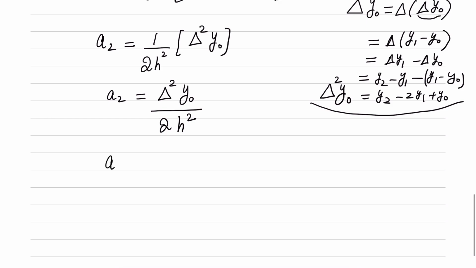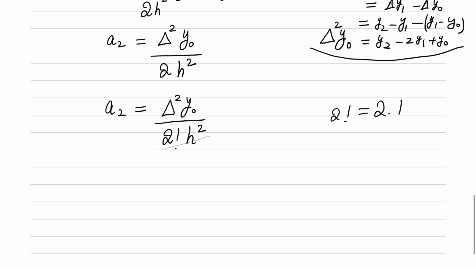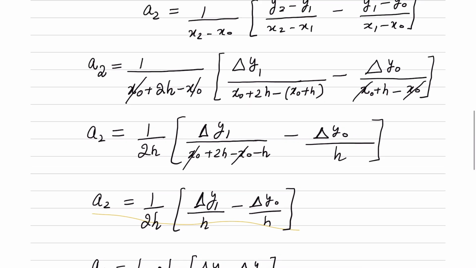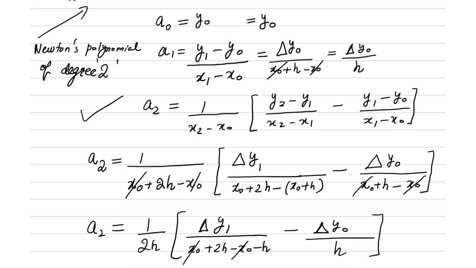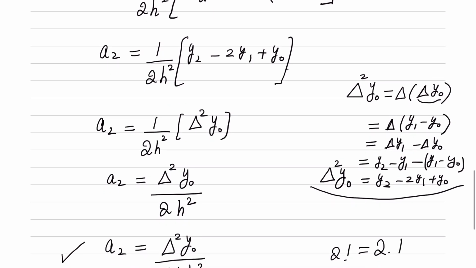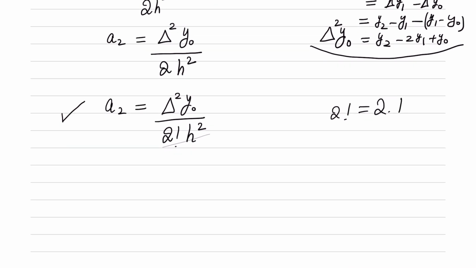Or we can also write a2 equal to forward square y0 over 2 factorial h square, because 2 factorial is 2 into 1, so no difference. Here we have written a2 in the form of forward difference operator. See, here we started with the definition of a2 written in this form. It was a lengthy expression, but now we have changed this a2 into the forward difference operator form.